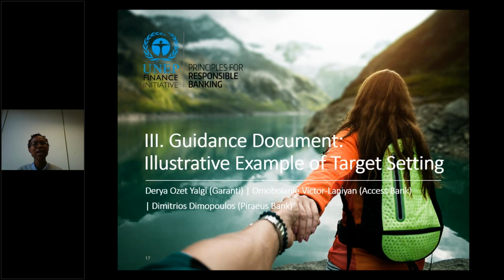So this is really just setting out the beginning of implementation and how a bank works through each principle to implement. So please do go ahead and ask us questions in the question box if you already have them.